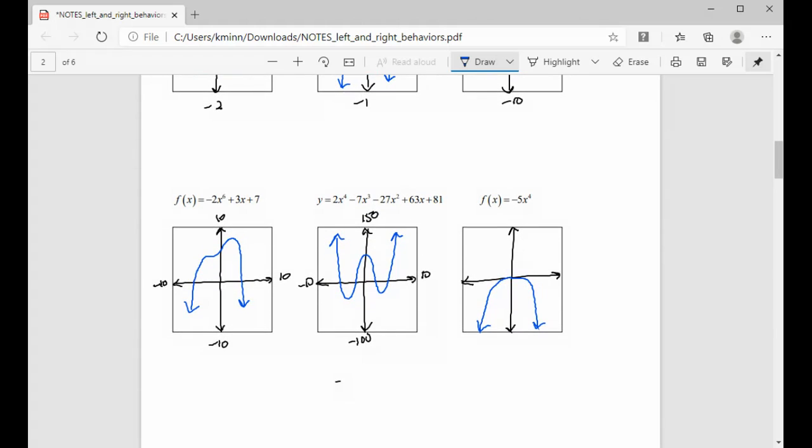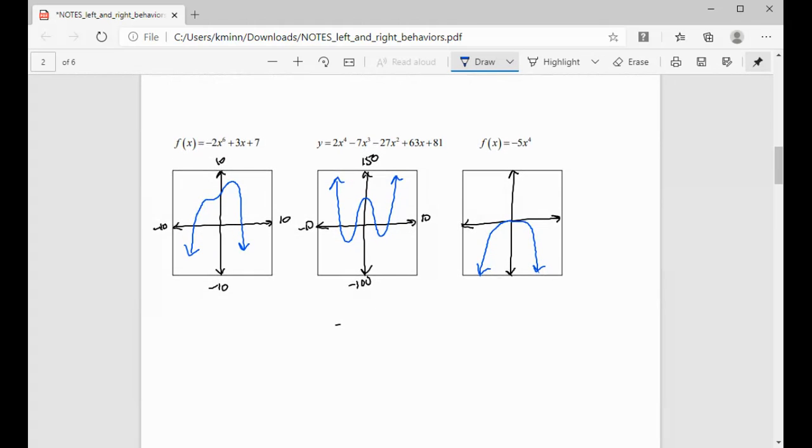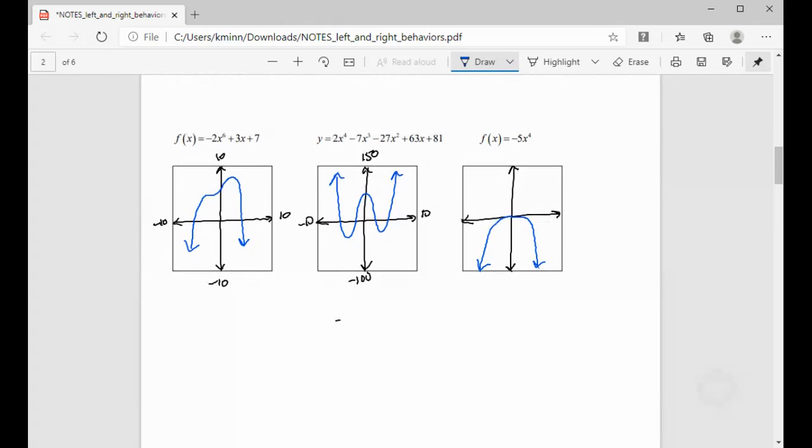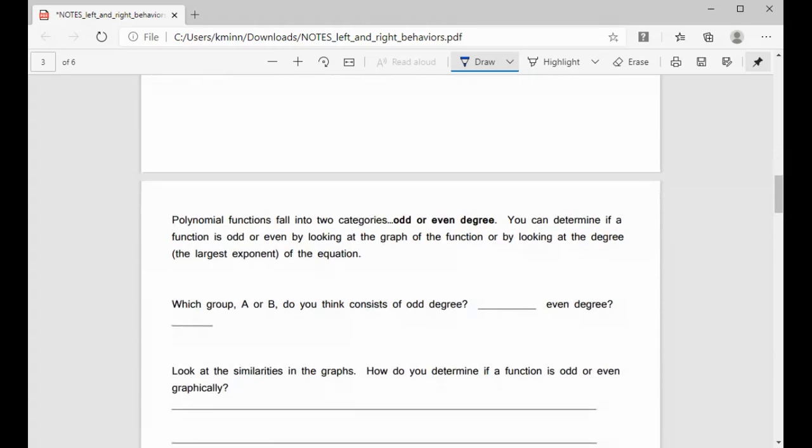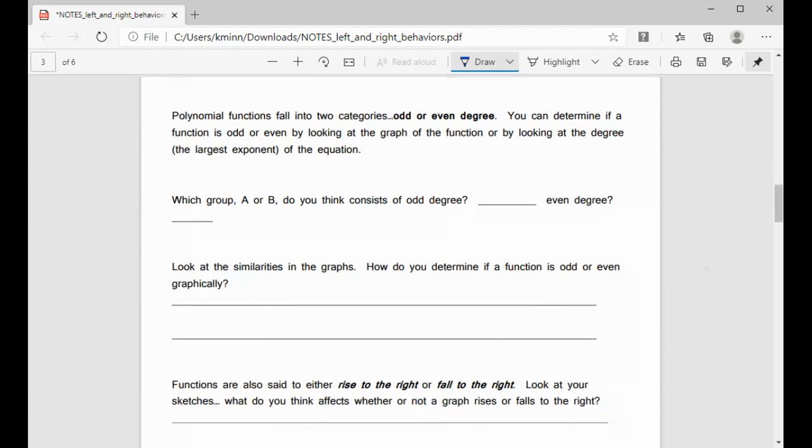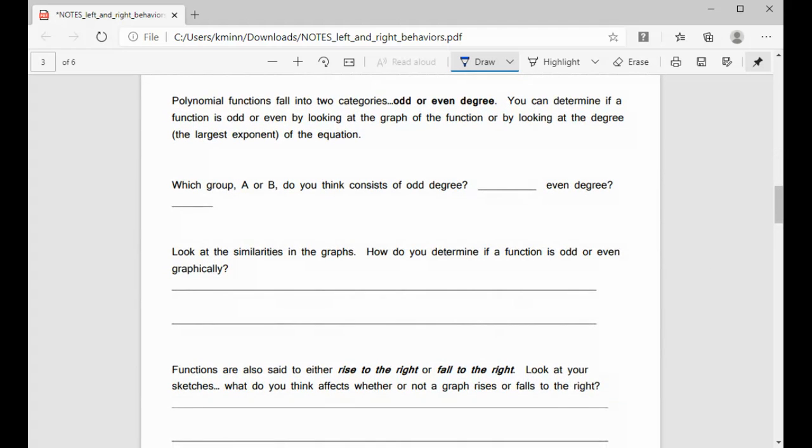From these different graphs, they actually fell into 2 different categories, which is why they were grouped Group A and Group B. So those 2 groups are either described as odd or even degree. If we look at Group A, you will see that all of them are actually odd degree.